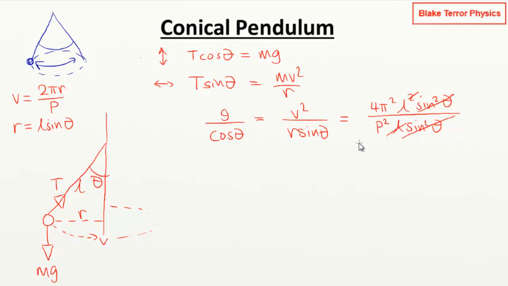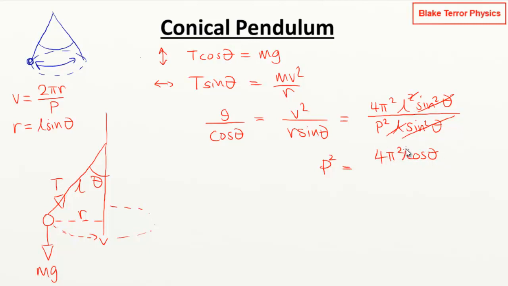So this is looking pretty good. Now, the interesting thing out of all of these is going to be the period, because, you know, pendulum, you're thinking of it as a timekeeper, and that's going to be the interesting finding in all of this. So we can say that P squared is going to be equal to, let's not get carried away, 4 pi squared cos theta, oh, I've got an L as well.